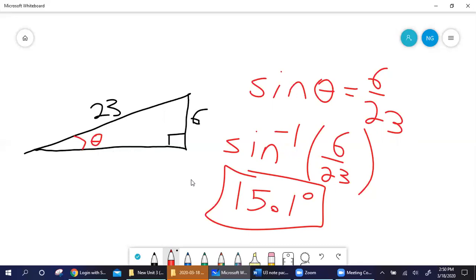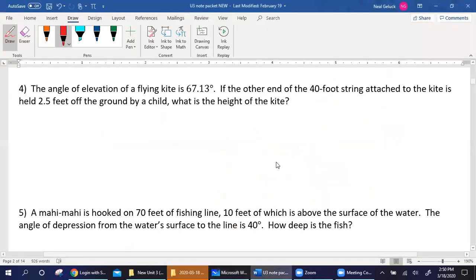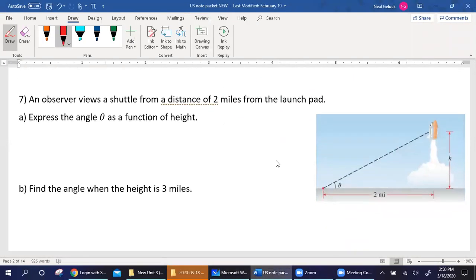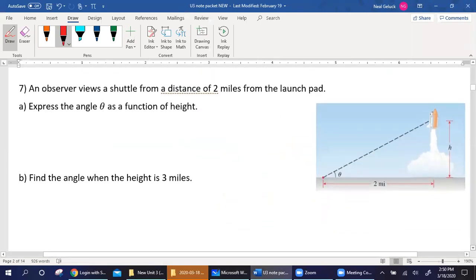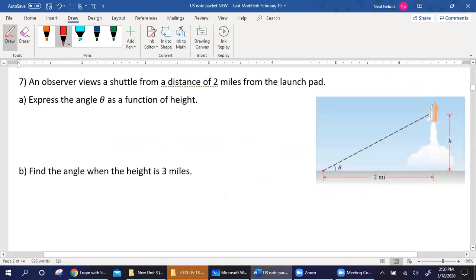For number 7, I'm going to go back to our Word doc because we have a picture with it. 7a, express the angle as a function of height. So on 7a, we're not actually getting a numerical answer. We're just going to get the function, the equation that we'll use on letter B. So I'm still thinking SOHCAHTOA. This one is going to be tangent.